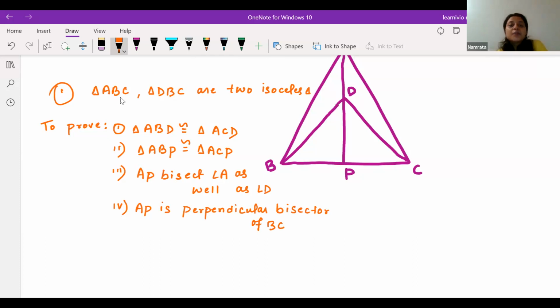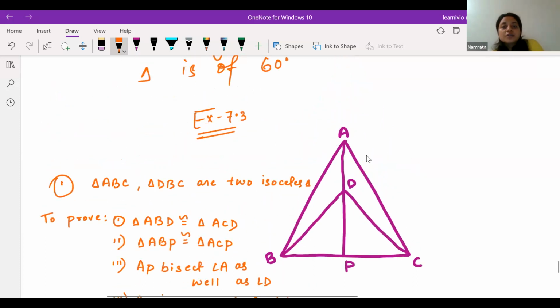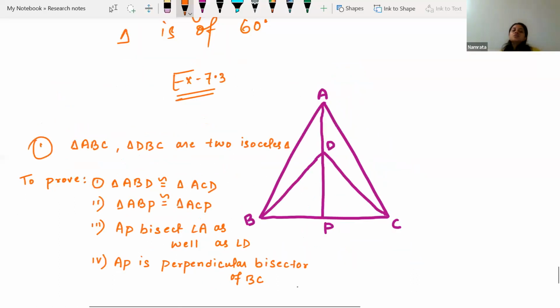Okay, let's prove it one by one. At first, we'll be focusing on the first part. The given information is that ABC and DBC are two isosceles triangles. Since ABC is isosceles, any two sides must be the same, so AB is equal to AC.